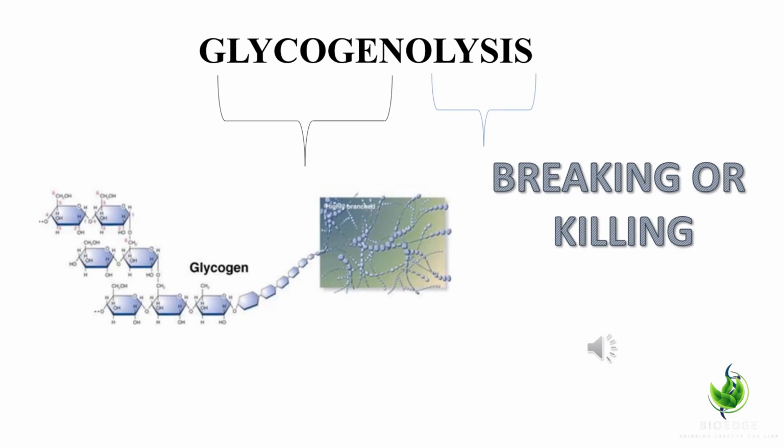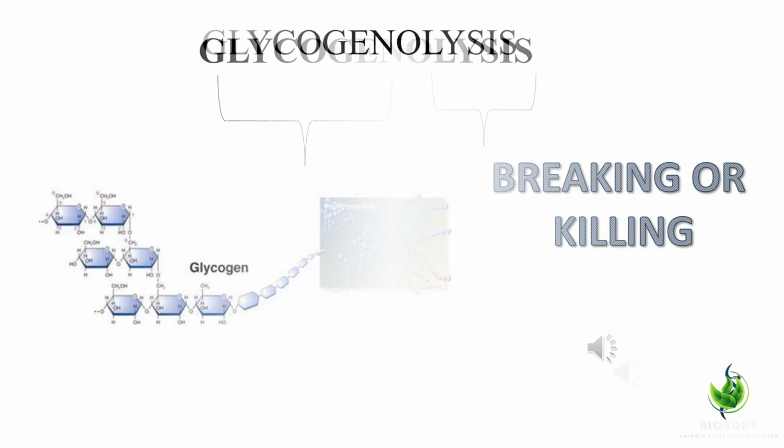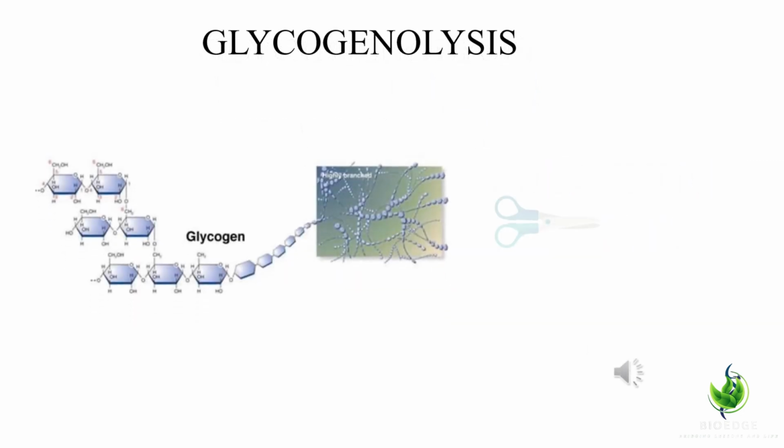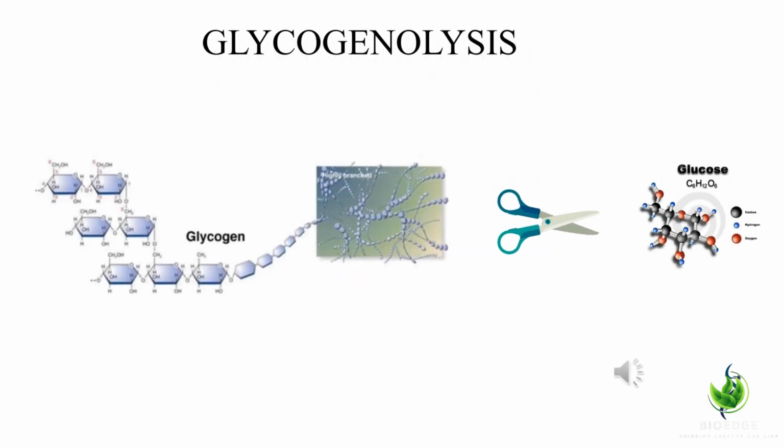If we look at the word glycogenolysis, it is telling us what it means. Glyco comes from the polymer glycogen that is made up of glucose, and lysis means breaking or killing it. So in this process, we are basically going to break down this glycogen in order to get glucose from it.